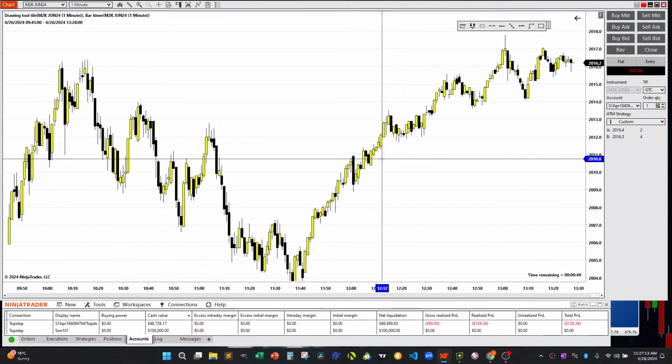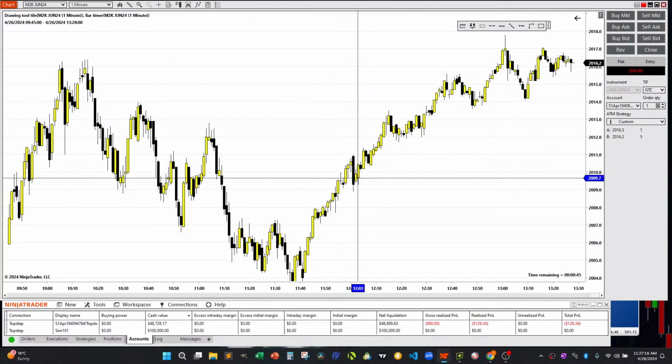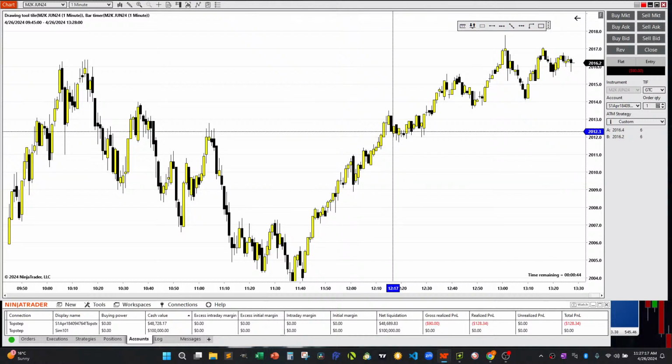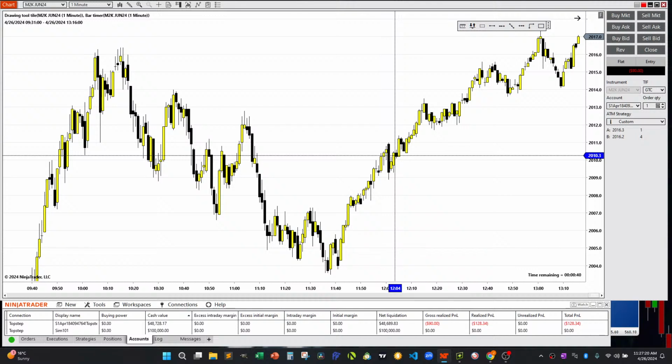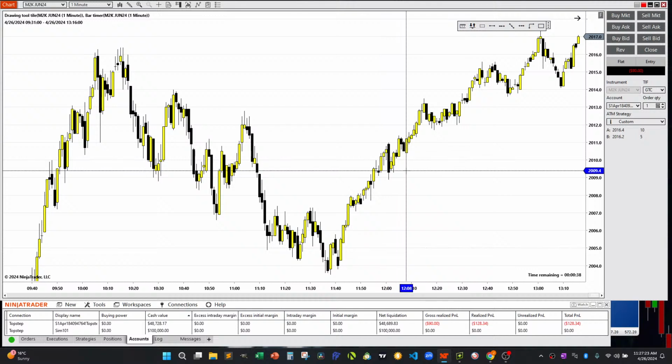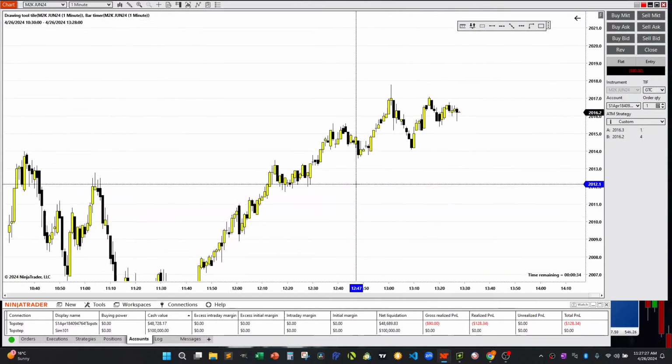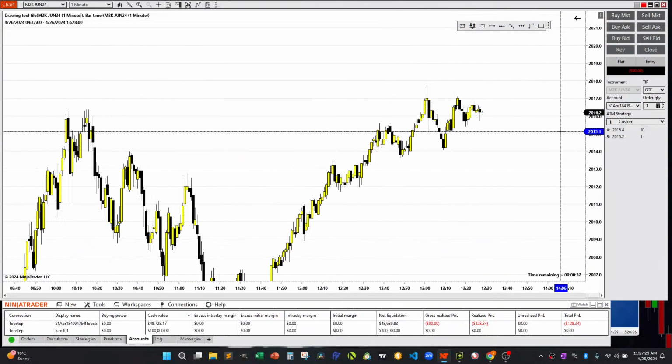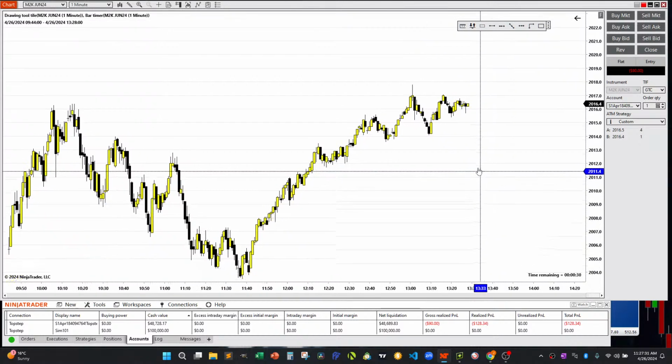We're going upwards, so it probably would not have been a great idea to take any of these shorts, but once we get a green bar, taking the green bar afterwards, 1, 2, kind of gives us a good idea there. So right now we're going kind of flat.